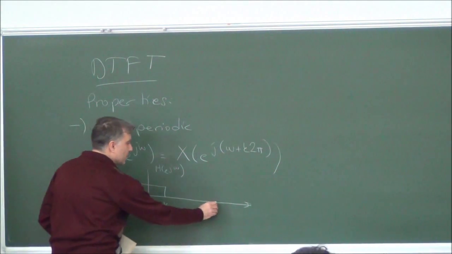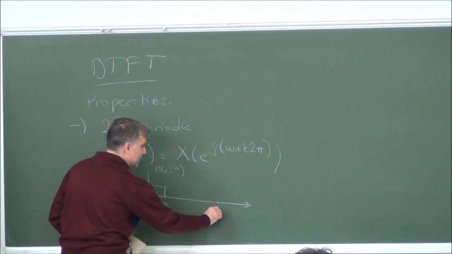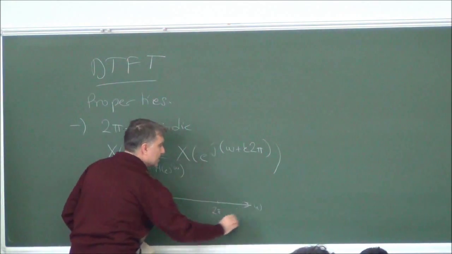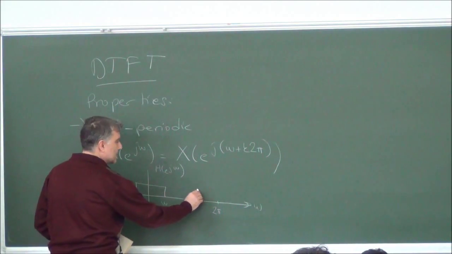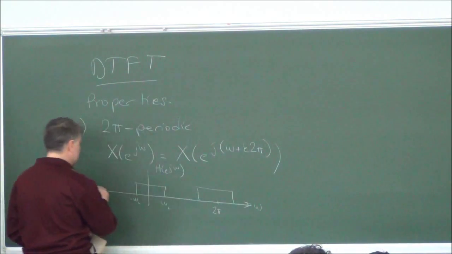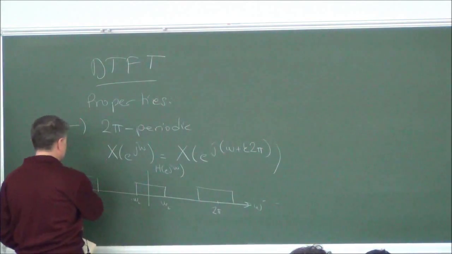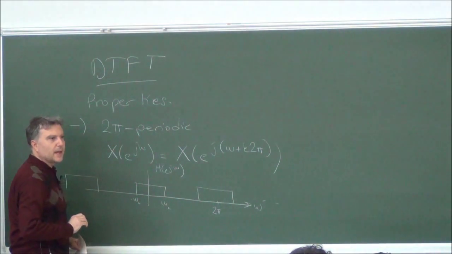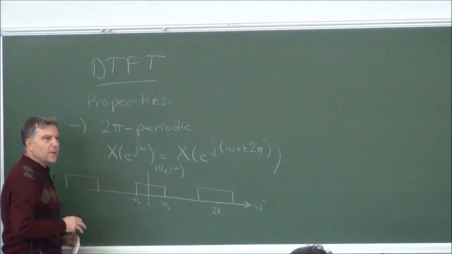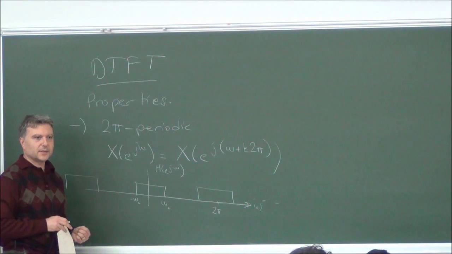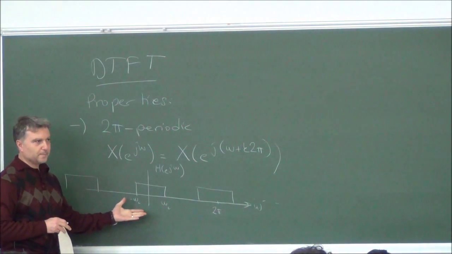But of course, for a low-pass filter in discrete time on the axis of omega, this must be 2 pi periodic. So we must have replicas like this, periodically extending to the left and to the right like this. So how do you come up with a high-pass filter then? How can you draw a high-pass filter? So this is a low-pass filter.